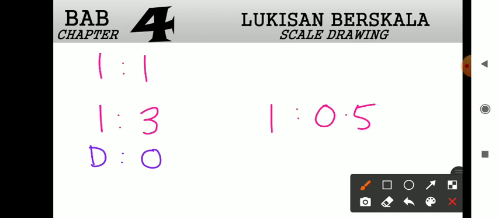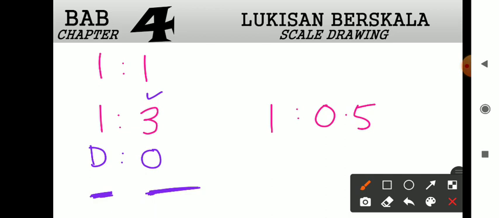It means when you draw 1 cm on paper, it means 3 cm originally. Okay, originally it is 3 cm, but on paper you only draw 1 cm. So originally the object is larger than your drawing.